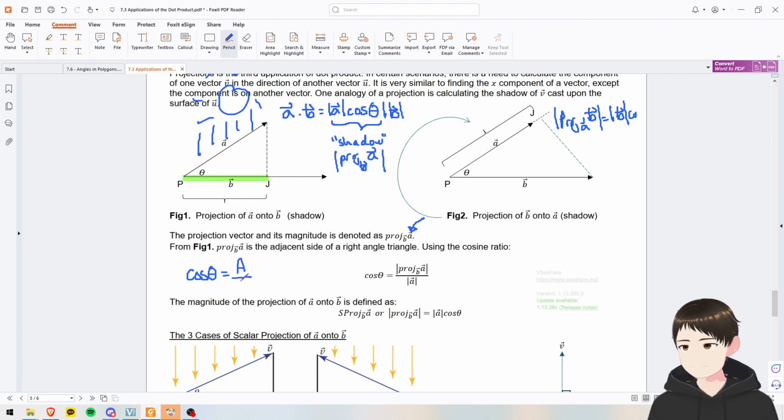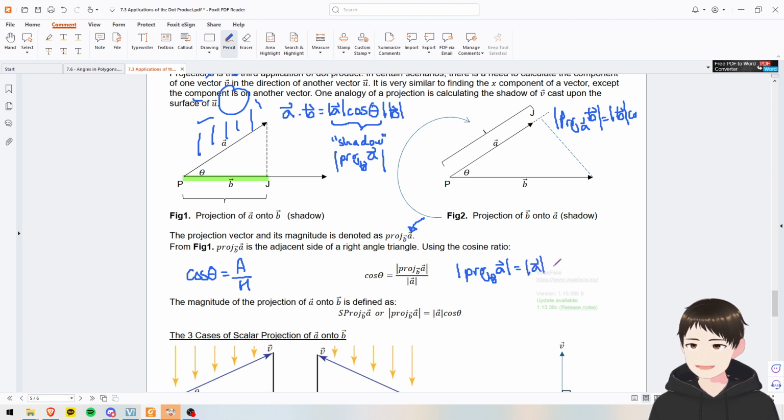We know that this adjacent can be written as the shadow of A onto B, and the hypotenuse is essentially the magnitude of vector A. So we have cosine theta equals the shadow divided by the magnitude of vector A. If I rearrange it to get the projection of vector A onto B, I multiply the magnitude of A to both sides.